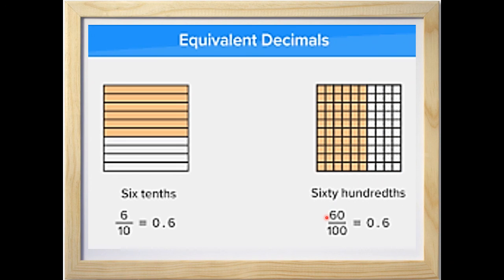So the decimal fraction is given by 60 by 100, which is equal to 0.6. Now children, you can easily see that the shaded part in both the pictures is the same part of the whole. That means 6 by 10 and 60 by 100 are equivalent decimal fractions.